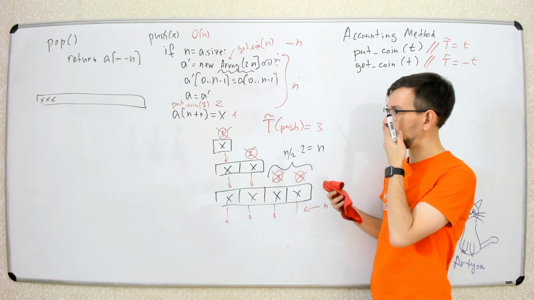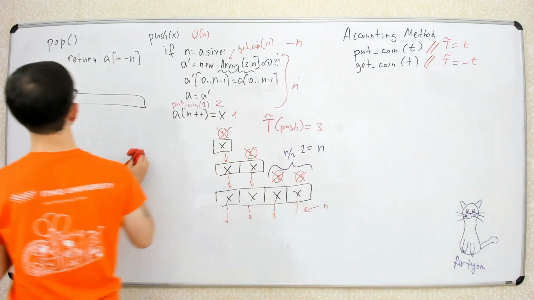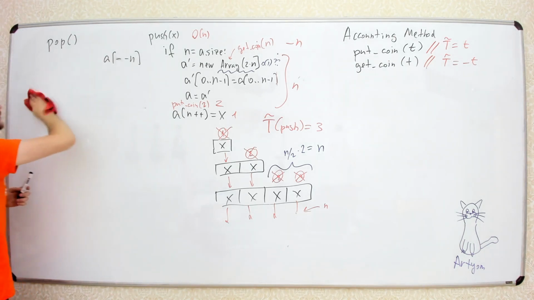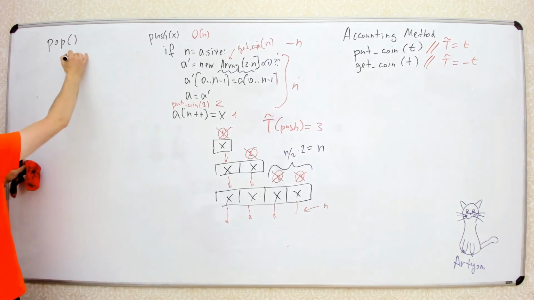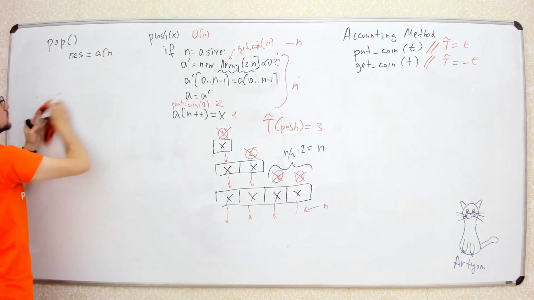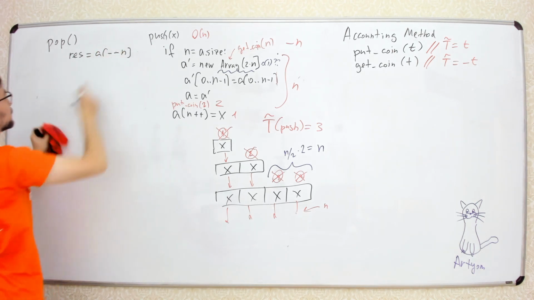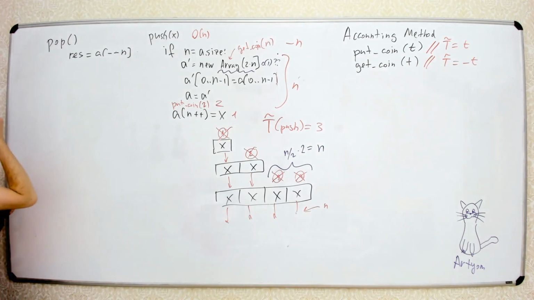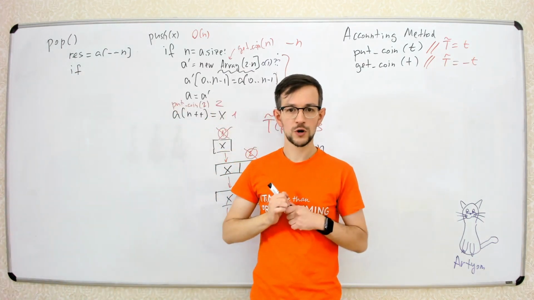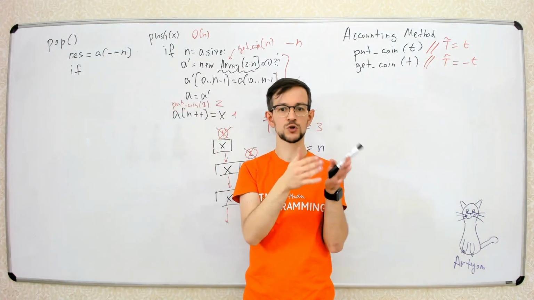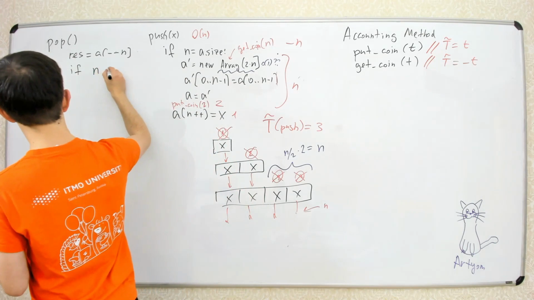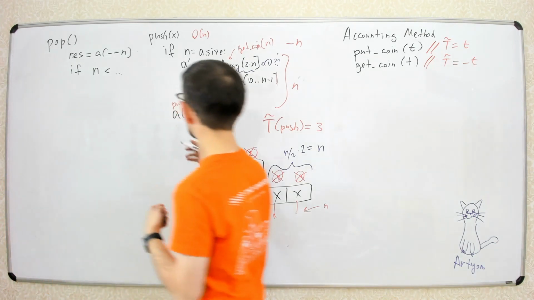How to do it? Well, let's say we have something like that. Let's remove the element from the stack. In the end, I will return this. And here, what I want to do is to look if the size of the stack is too small, then I will decrease the size of the array. So if n is less than something, I want to create a smaller array.